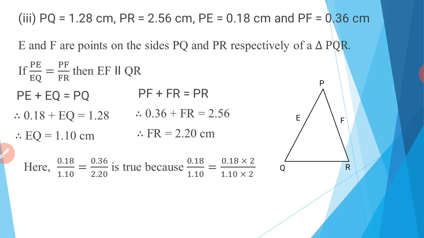Therefore, 0.18 upon 1.10 equals 0.18 multiply 2 upon 1.10 multiply 2. So 2 we can cancel out. Hence, for the given case EF is parallel to QR, so we have solved this question of exercise number 6.2.